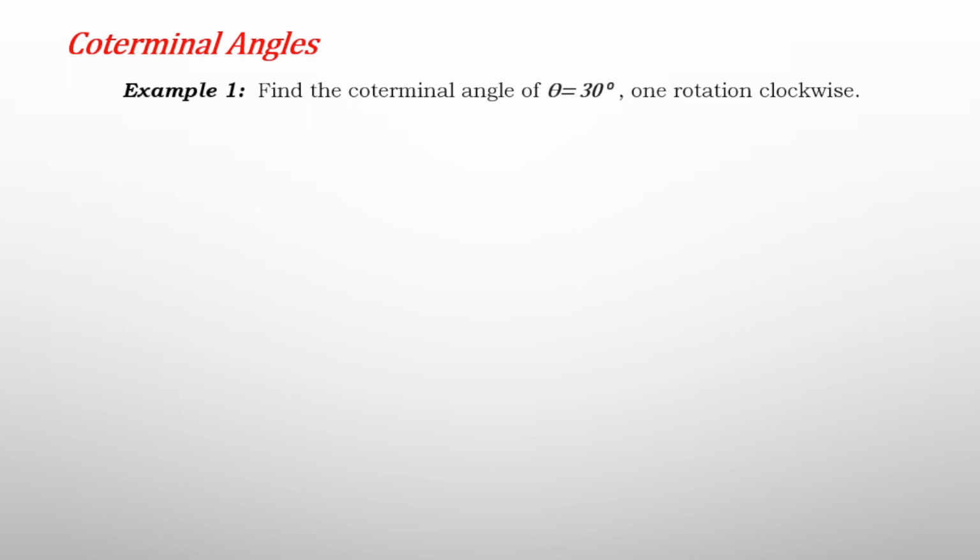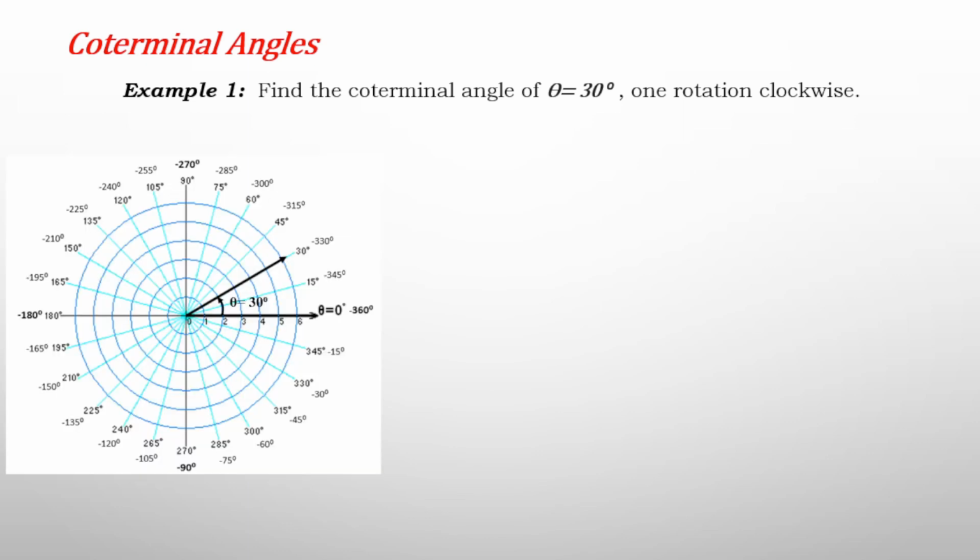Example number 1: find the coterminal angle of 30 degrees with one rotation clockwise. This is our 30 degree angle. Given theta is 30 degrees, and since the given is one rotation clockwise, n is negative 1.